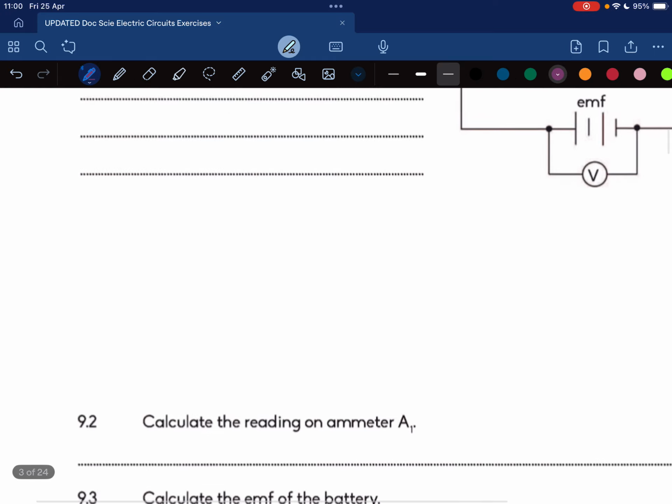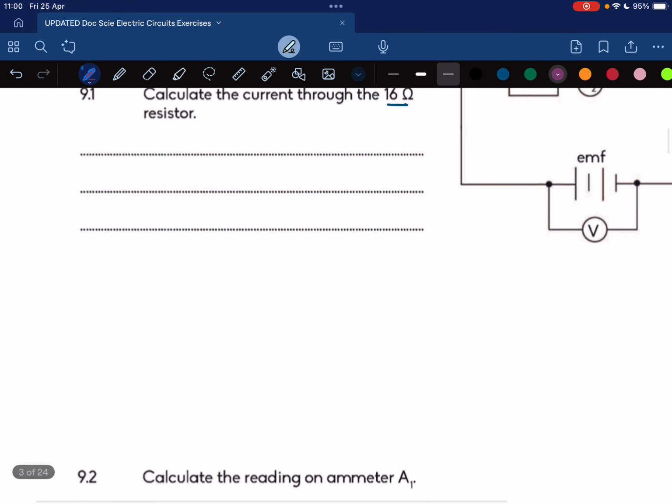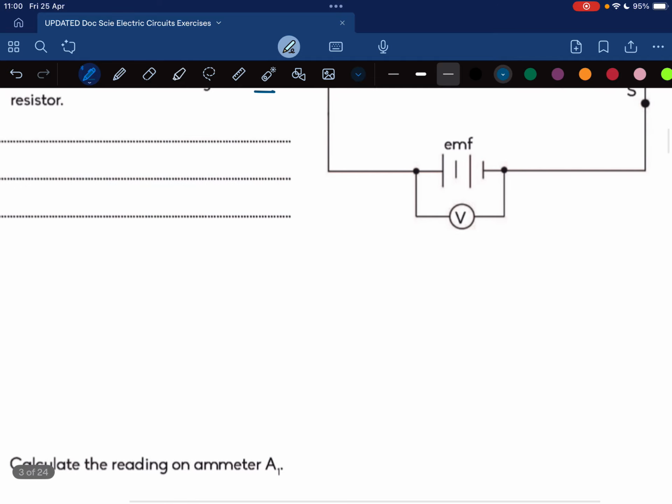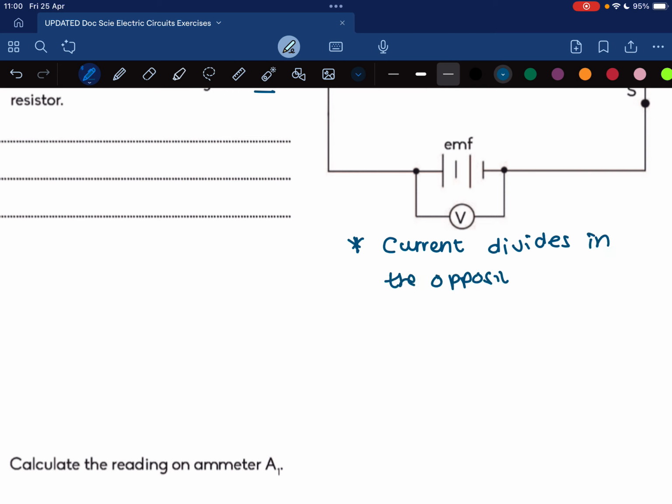So that's a little point that I actually would like to make here, is that current divides in the opposite ratio to the resistors.